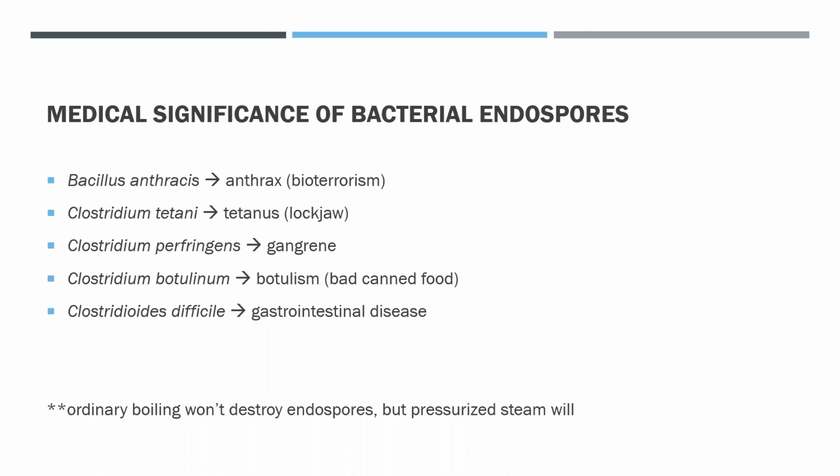I have a couple of medically significant bacterial species that form endospores. We have Bacillus anthracis, that is famous for anthrax, which can be used as like a bioterrorist agent, or as I said, in kind of old spy movies. Clostridium tetani, this is tetanus that you may have gotten like a tetanus shot for.